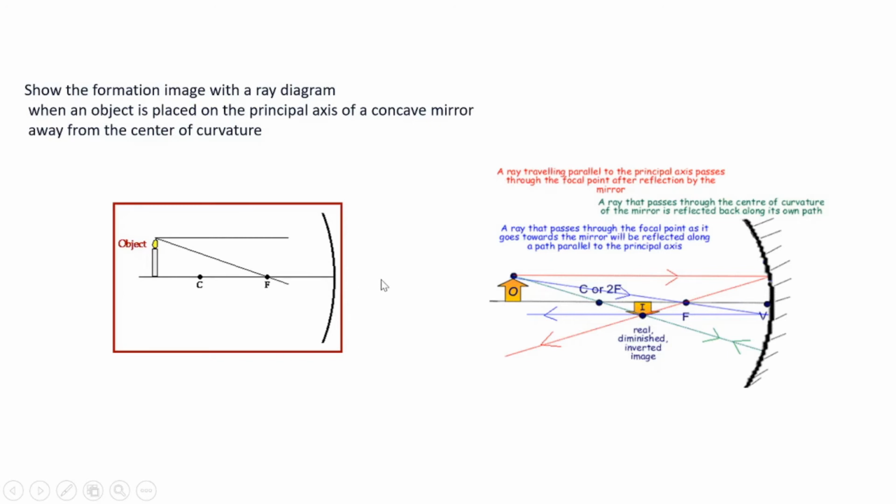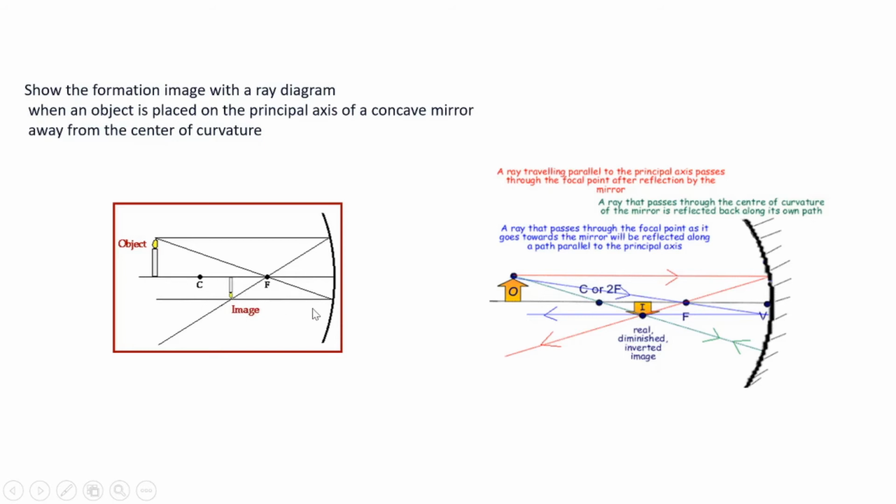Here a virtual image is formed when we place the object between F and P. When we place it between C and F, the image is inverted and bigger. When we placed it at C, the image is inverted and the same size. Now beyond the center of curvature, where is the image forming?